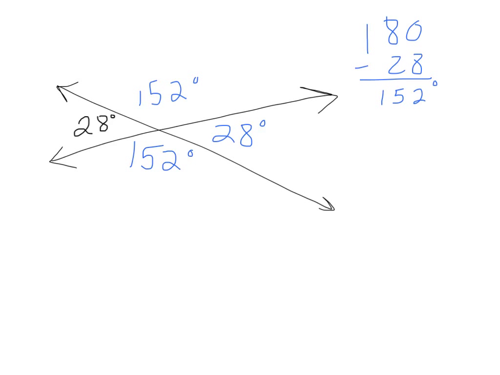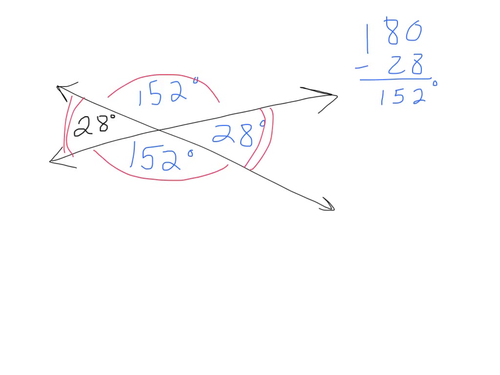Okay, and so what do we notice here? We notice, in fact, that these two angles are known as vertical angles, and they are congruent. Similarly, the 28 degree angles, they are both congruent as well, and they are vertical angles.